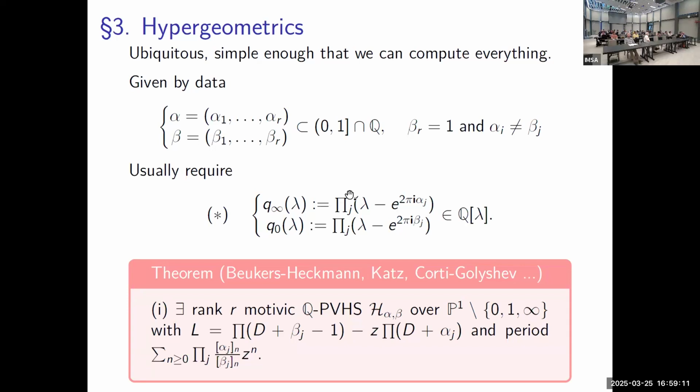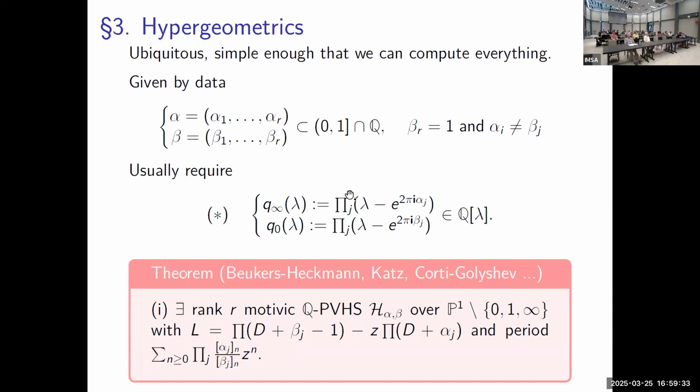So a theorem that I'm going to attribute to lots and lots of people, probably not enough: Beukers, Heckman, Katz, Alessio Corti, Vasily Golyshev, Roman Fedorov, recent work by Abdellaoui and Bugeaud, probably people I'm forgetting.